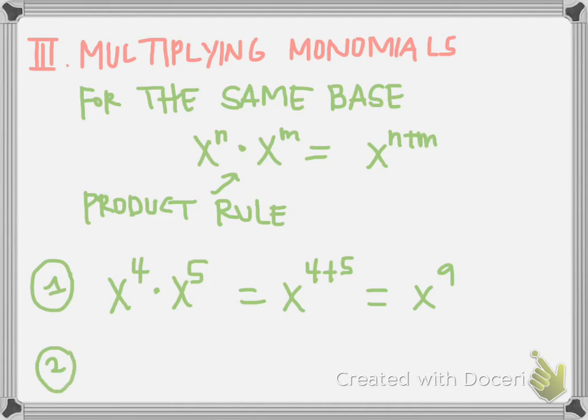Okay. Right here, if you want to multiply, you've got two like bases, you've got z's. So I'm going to say z, 2 plus 4, so that'd be z to the 6th.